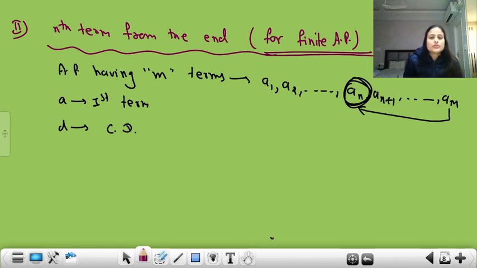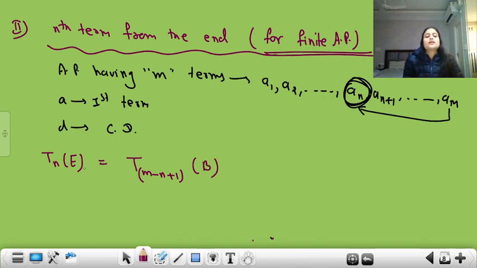Okay, so here I am just directly giving you the formula. So here the nth term from the end will be the same as the m minus n plus 1th term from the beginning. The nth term from the end is the same as total number of terms minus n and plus 1.